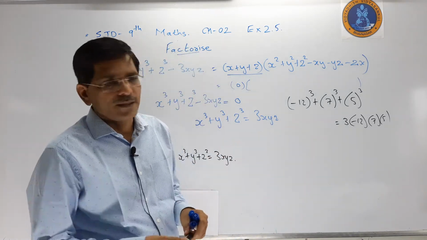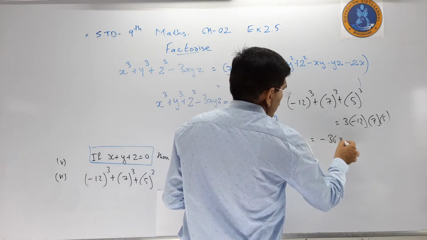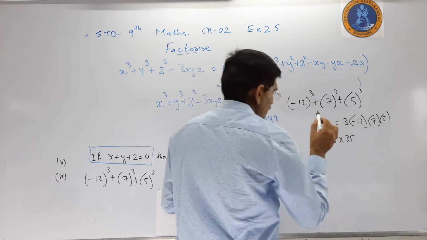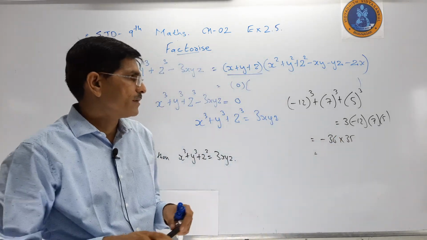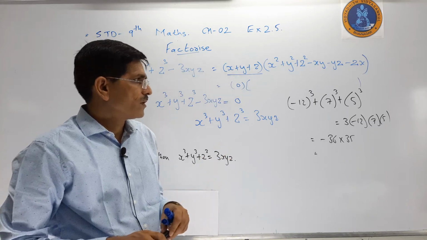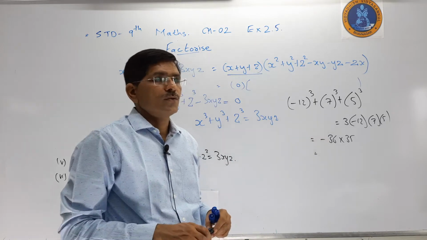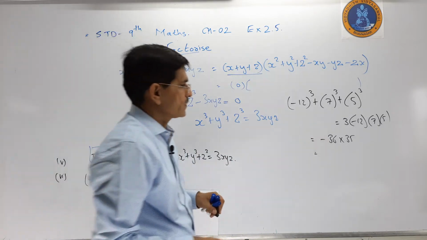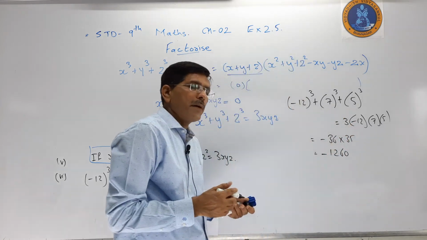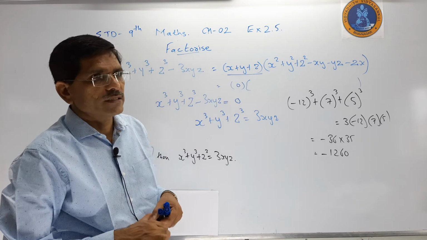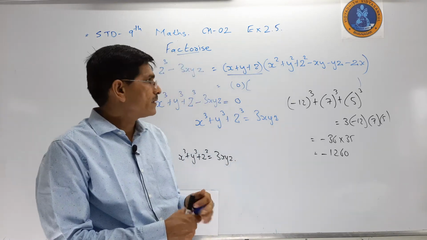Now if I multiply, 12 3s are minus 36 into 35. 35 square, we know, is 1225, and one more 35 is there. So 1225 plus 35 is minus 1260. Clear everyone?